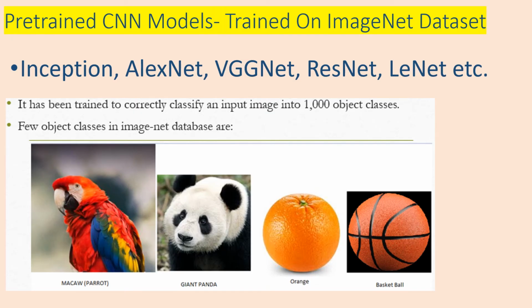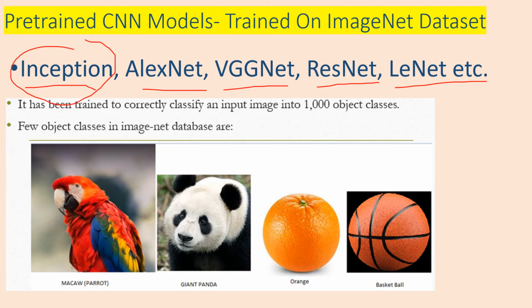We understood that the second method of designing a CNN model is easier. That means you retrain the pre-trained CNN model for your task. This slide shows the names of a few pre-trained CNN models like Inception, AlexNet, VGGNet. These are all pre-trained CNN models constructed by different companies and universities.